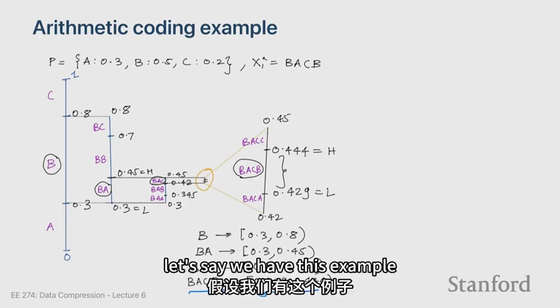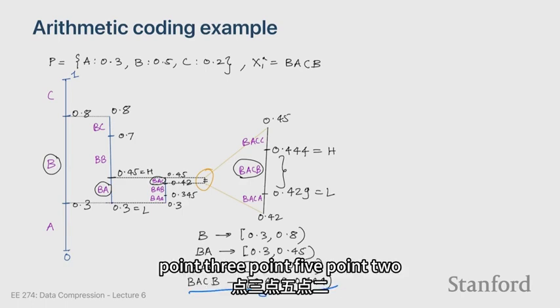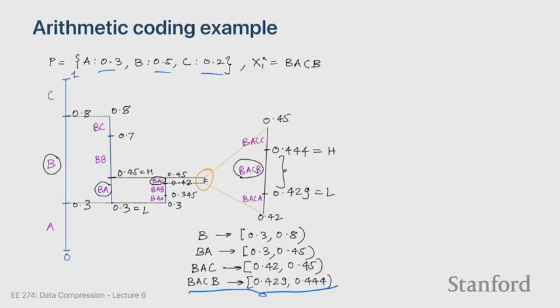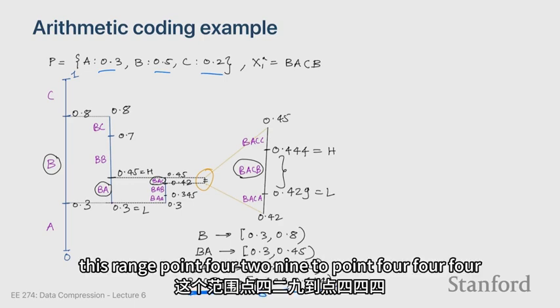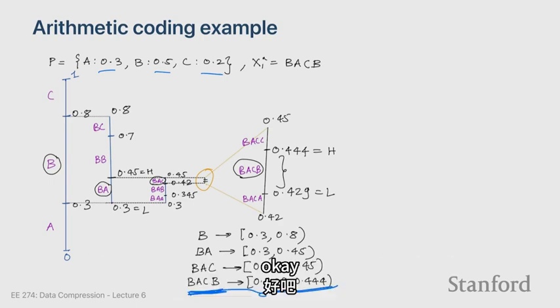Okay, so let's say we have this example, 0.3, 0.5, 0.2, and you encoded BACB, and you got this range 0.429 to 0.444. Okay.